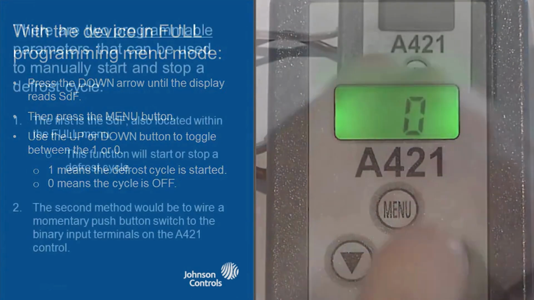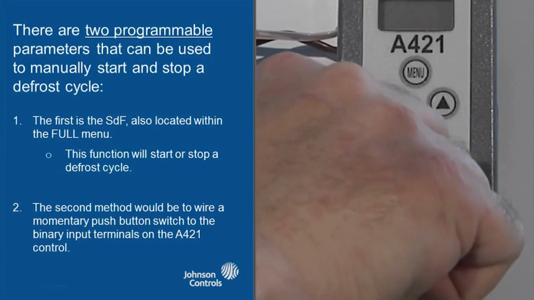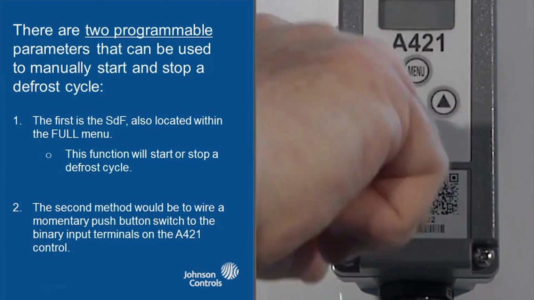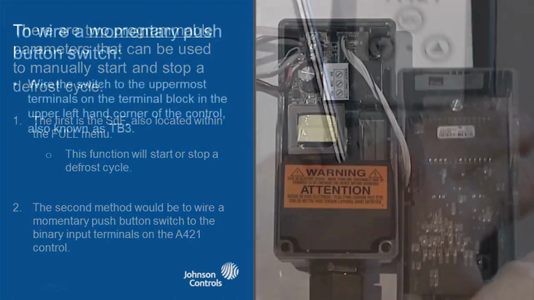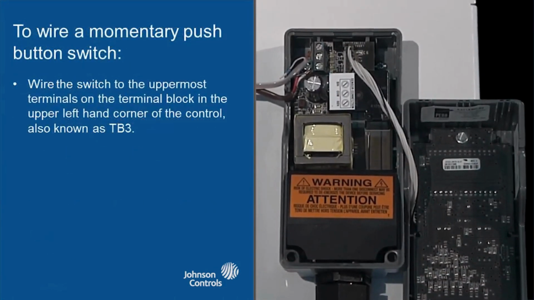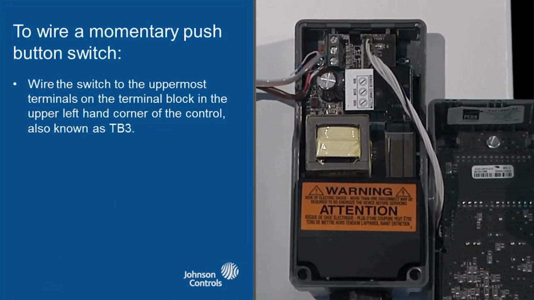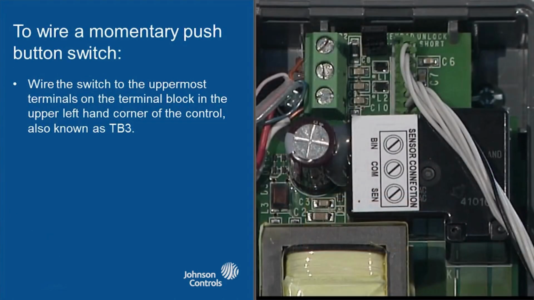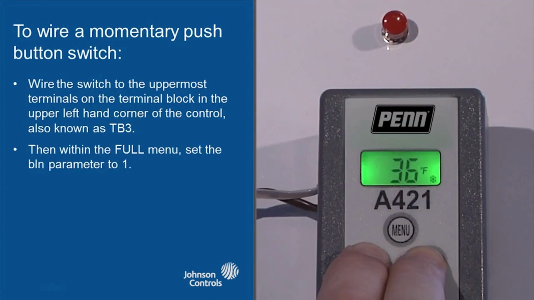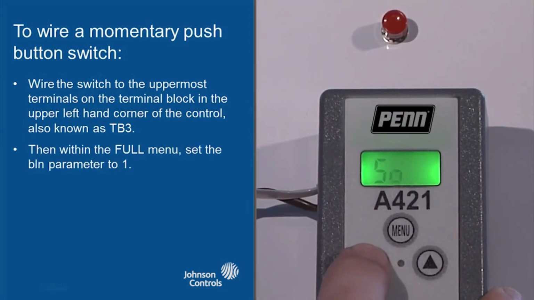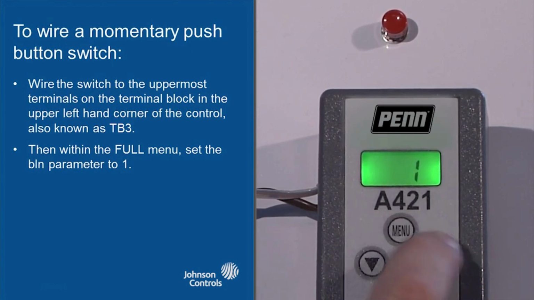The second method would be to wire a momentary push-button switch to the binary input terminals on the A421 control. Wire the switch to the uppermost terminals on the terminal block in the upper left-hand corner of the control, also known as TB3. Then, within the full menu, set the BIN parameter to 1.